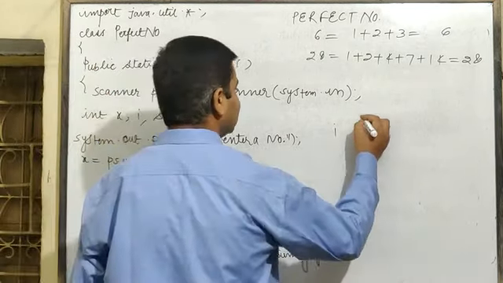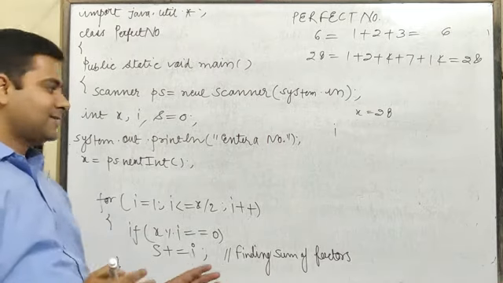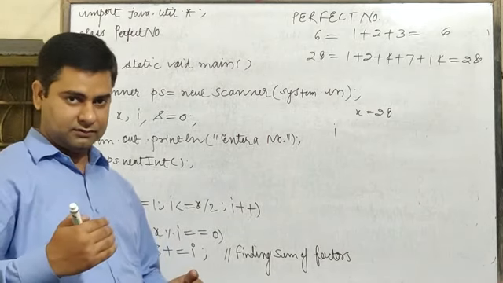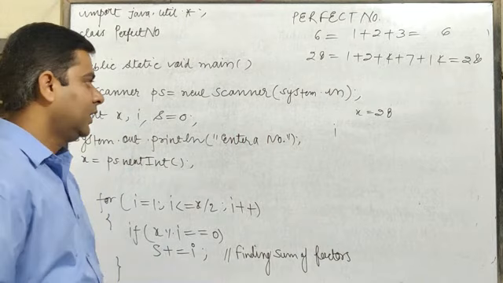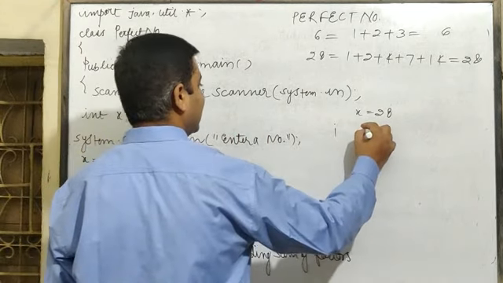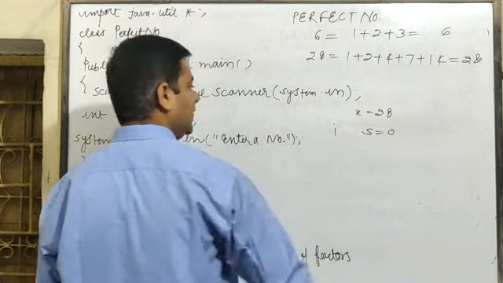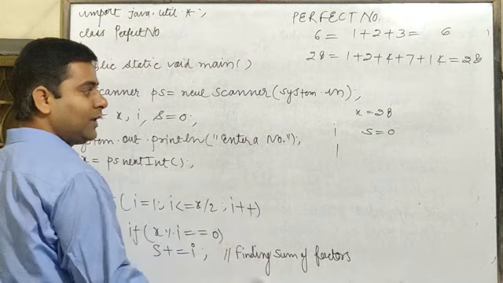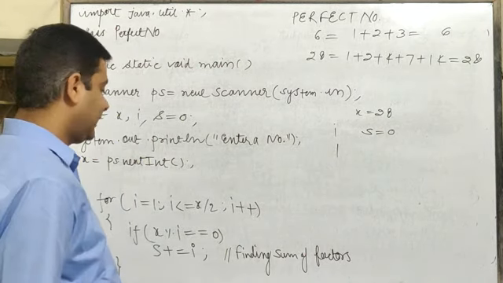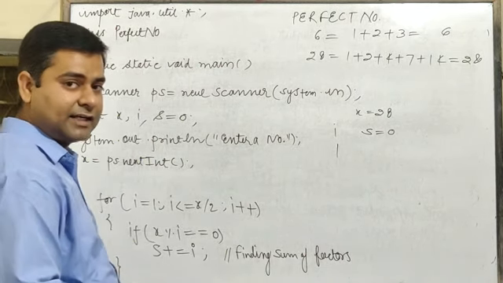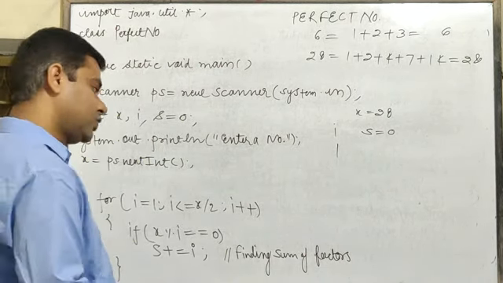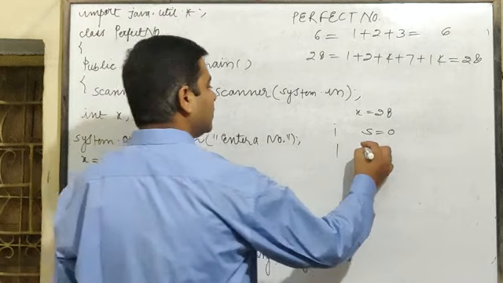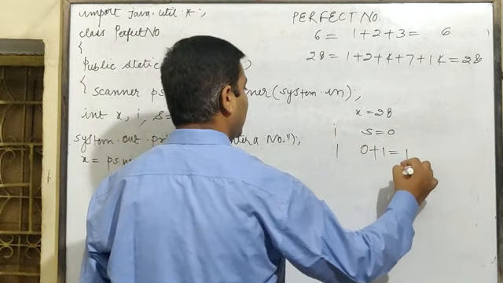I am going to dry run this program and explain how this loop will run and calculate the sum of factors. Here the value of s we are taking as 0. s is a variable in which the sum of factors will be stored. The loop will begin from I equals 1. It will run till x upon 2, which means 28 upon 2, 14. It will check 1 is less than or equal to 14. Condition will be true. And 28 modulus 1 equals 0. Yes. So 1 will be added in s. So 0 plus 1 will give you 1.